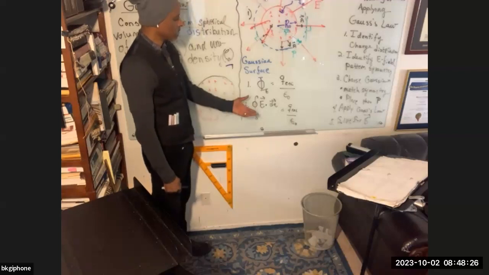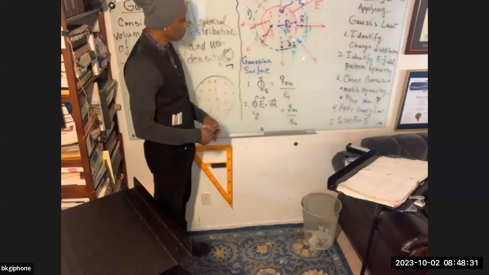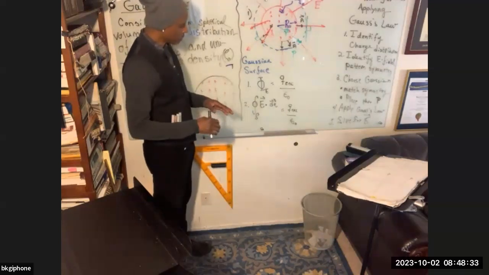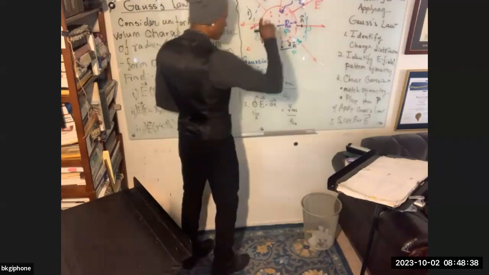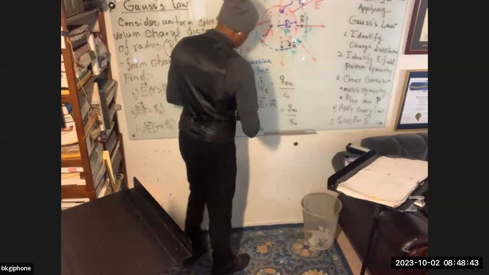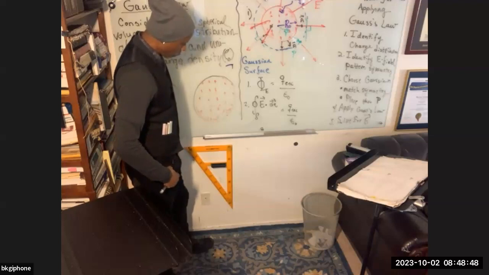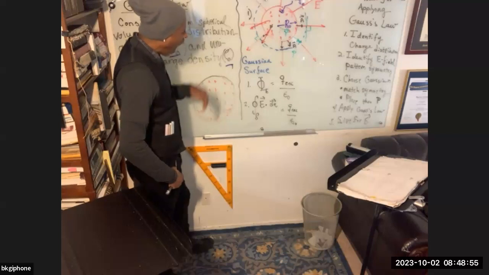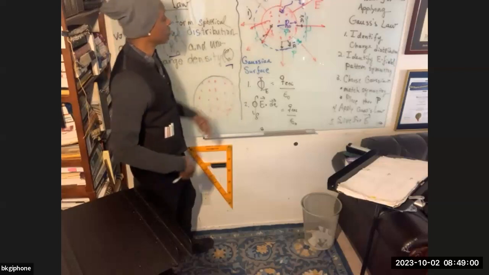Basically, when we're applying this, we've done this before. I did it for a flat surface when we were doing flux. Let's come over here and take a little sliver. We're taking an area sliver, so we're on the surface of the charge distribution.